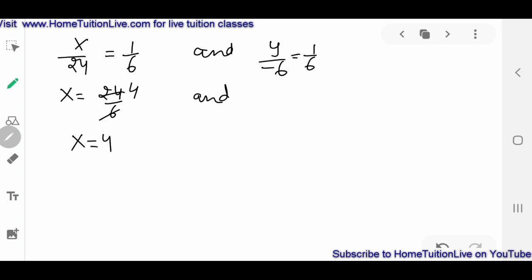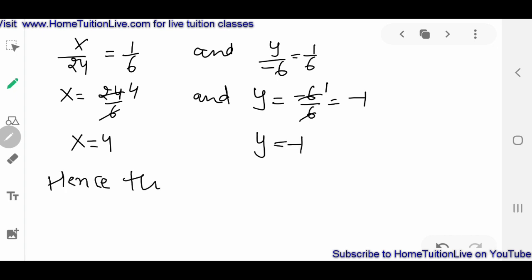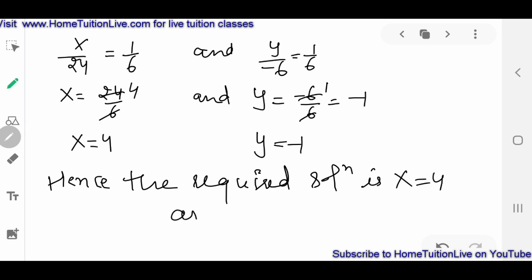And in the same way, y equals minus 6 divided by 6, that is minus 1. So y value is minus 1. Hence the required solution is x equal to 4 and y equals to minus 1.